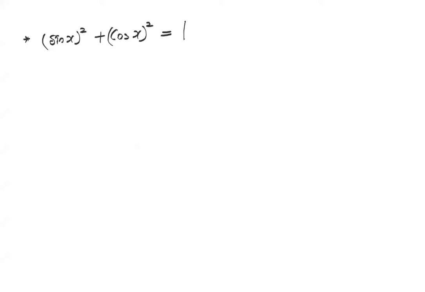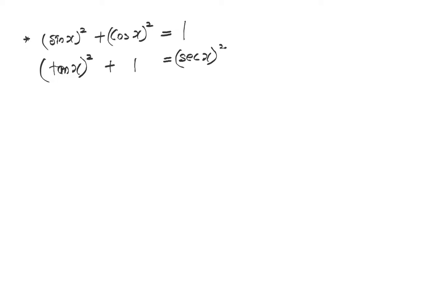Yeah, so these are simplifications. So if I see tangent square x minus secant square x, I also can replace it with negative 1.